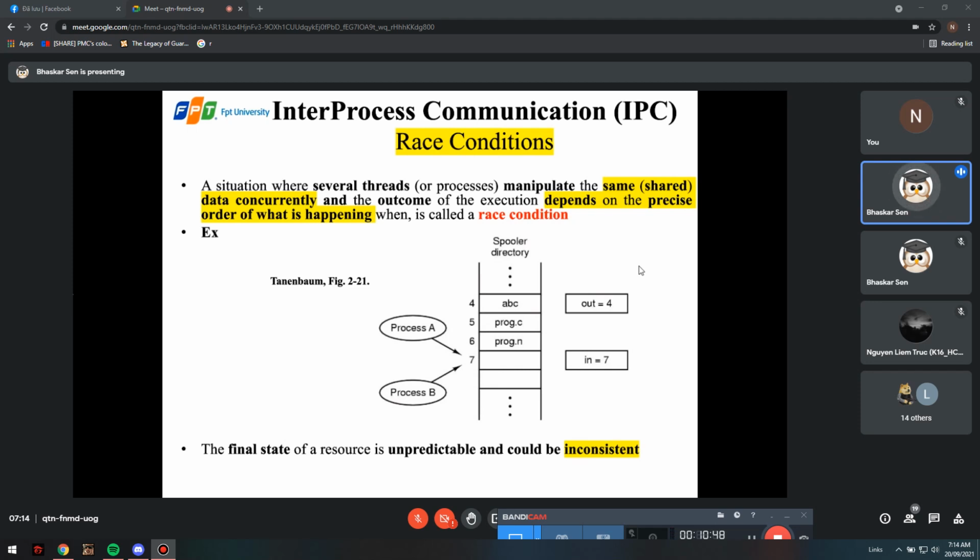So a stable resource becomes unstable because of the race condition that leaves it in an inconsistent and unpredictable state. Clear?